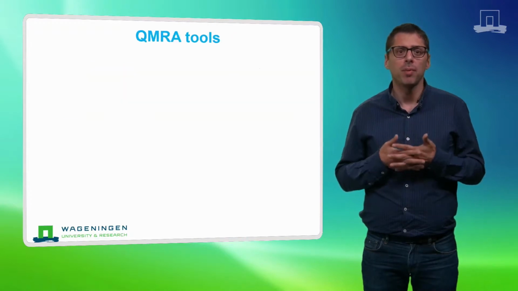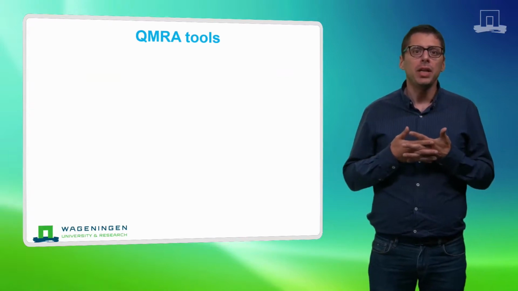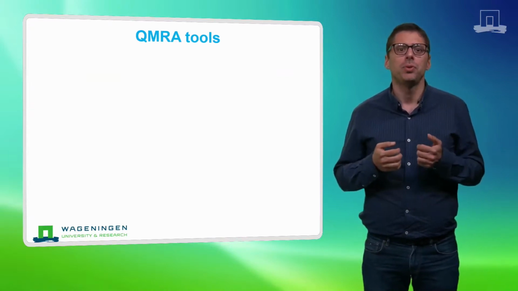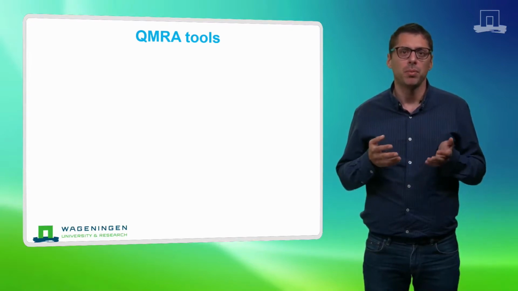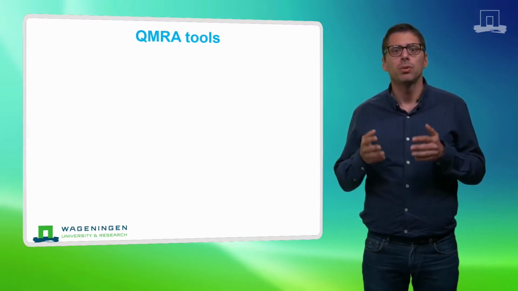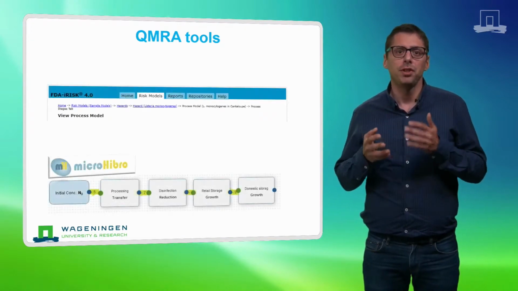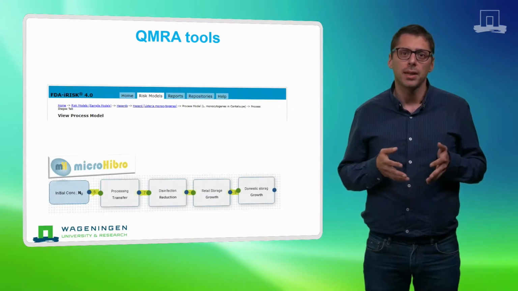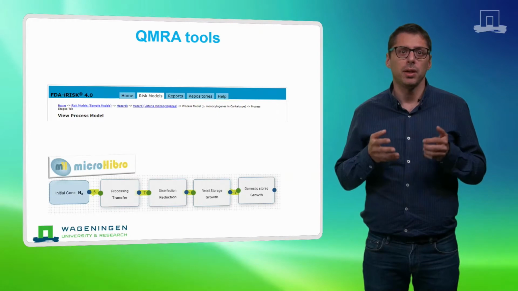Most quantitative microbial risk assessment tools integrate prediction features to enable to quantify microbial population increase and reduction as part of an exposure assessment model, starting from raw material to finished product. Two software tools include such features, corresponding to FDA iRISK and MicroHibro. They both are online tools having different interfaces.